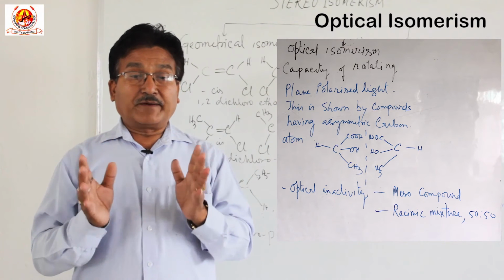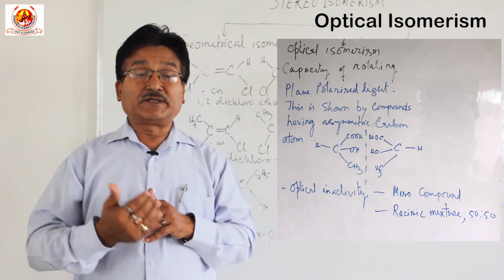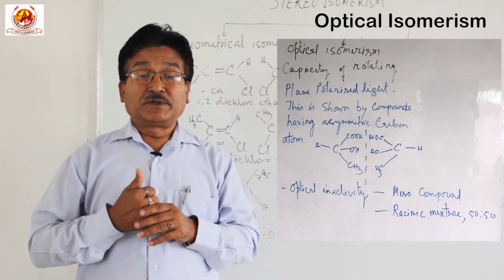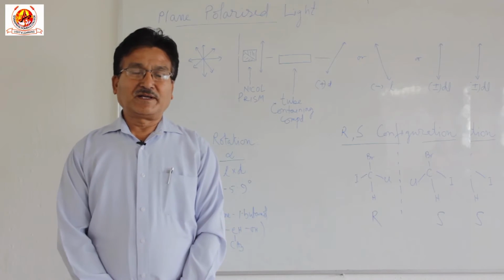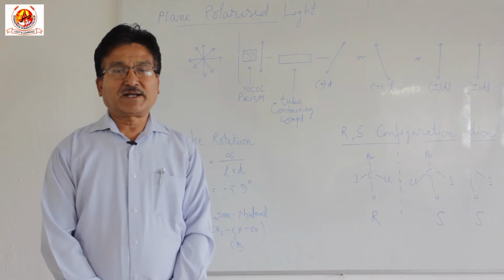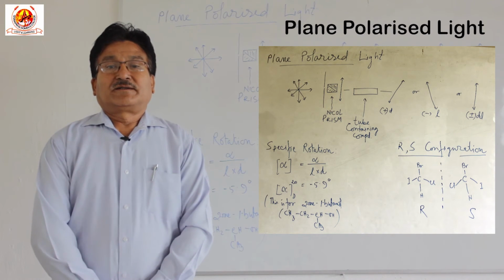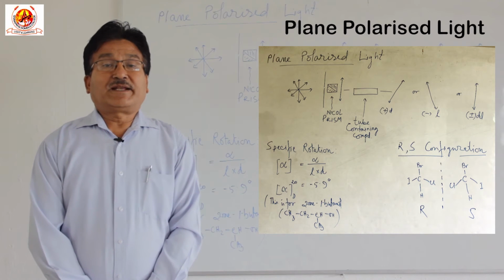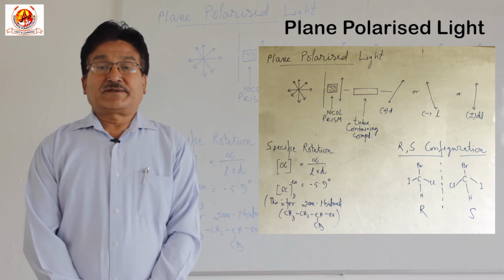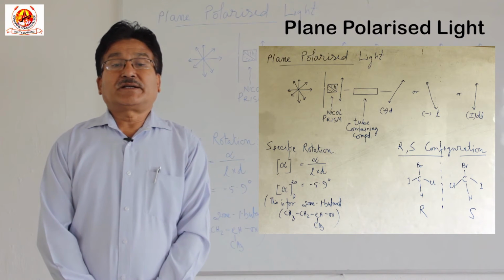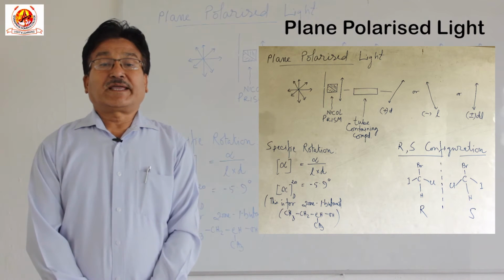So we have the polarimeter, and the Polaroids and the plane polarized light; let me explain. Ordinary light is turned into a plane polarized light by passing through a lens made of material known as Polaroid or pieces of calcite.